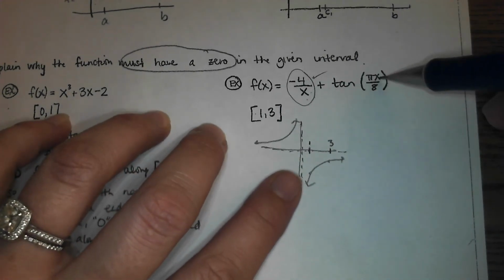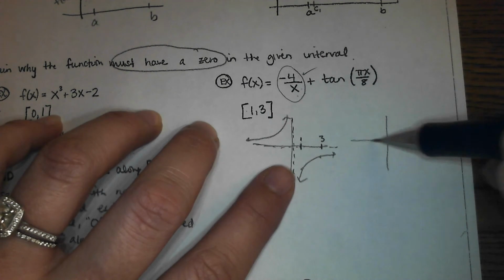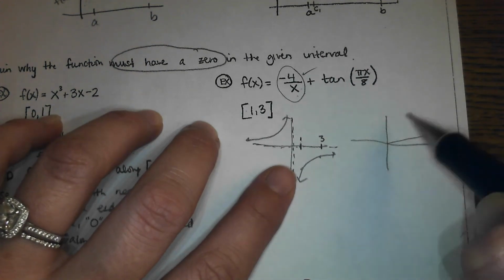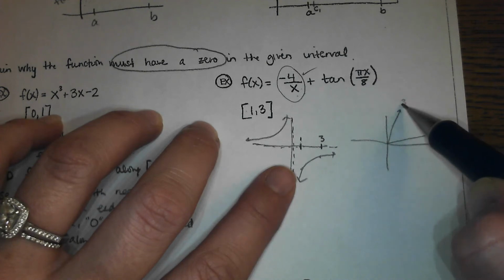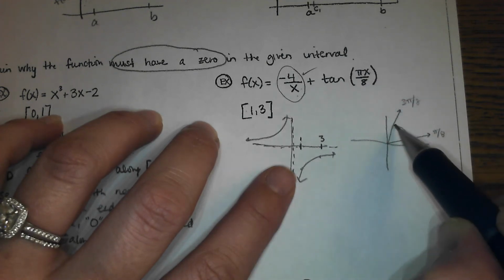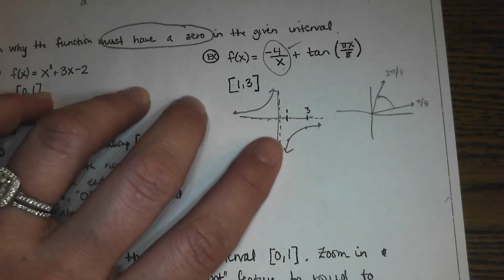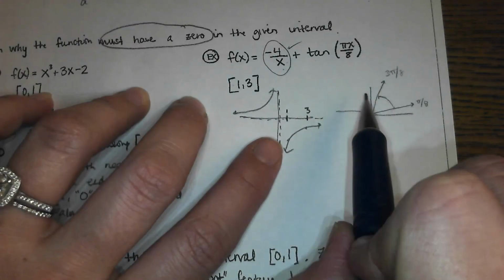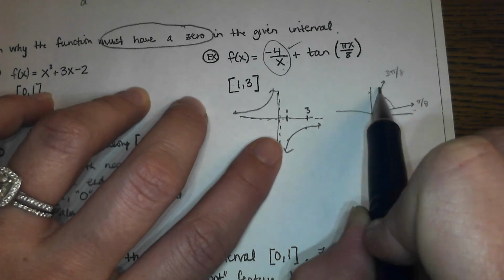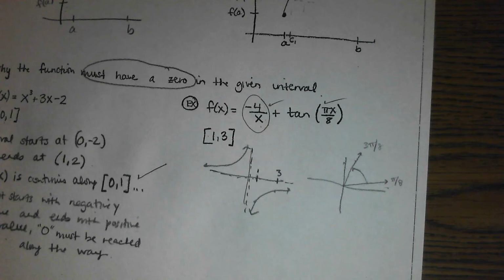Anytime you plug in from 1 to 3, you're going to be taking the tangent of pi over 8, which would be here-ish, to 3 pi over 8, which would be here-ish. At any angle in between, am I going to have an undefined? No. You only get a tangent of undefined when you get up here. So between pi over 8 and 3 pi over 8, this is also continuous. So you can start with that.